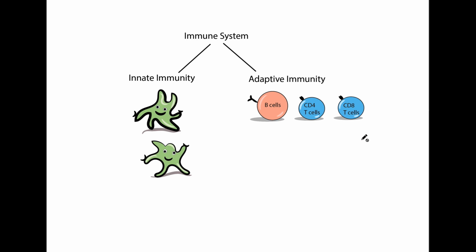For the adaptive immune system to get activated, there are macrophages from the innate immune system that also play a role. How does that happen? Now let's look into this situation where we have a macrophage and it is infected by a virus. And this macrophage is not able to defend itself.